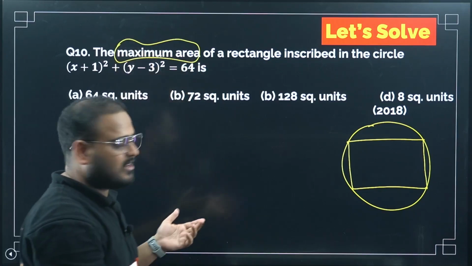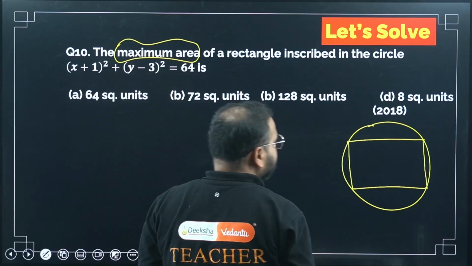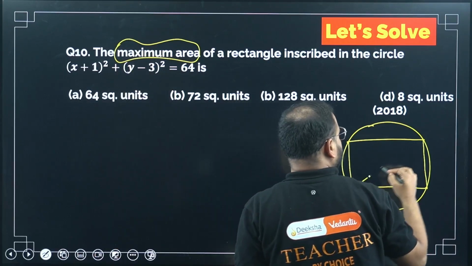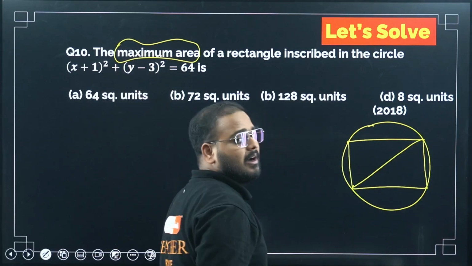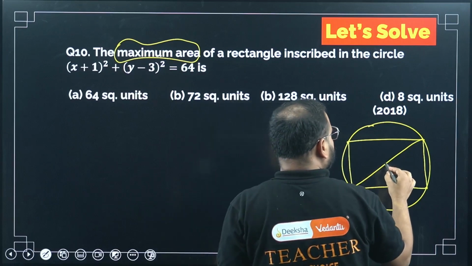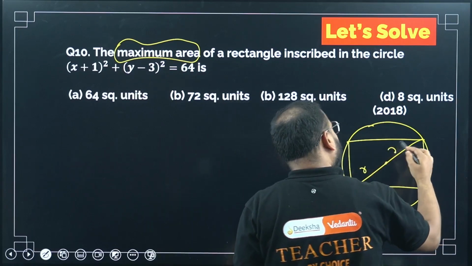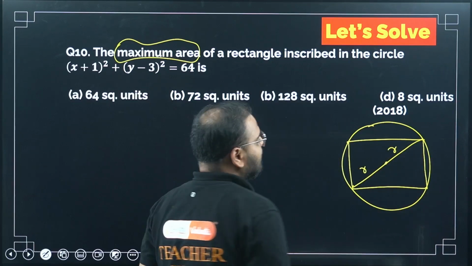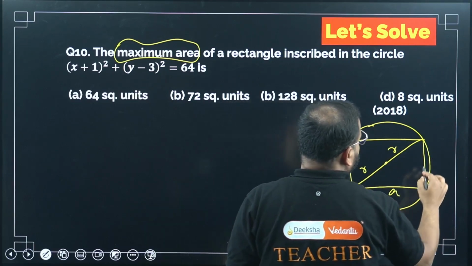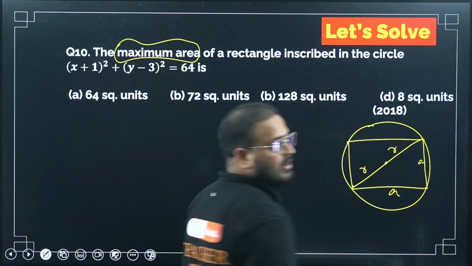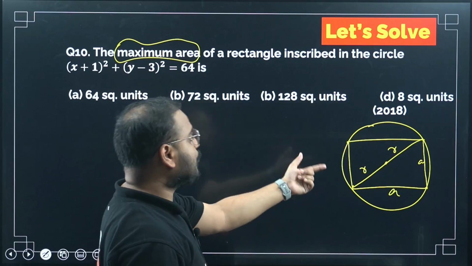It will be largest only when this chord becomes the diameter. When this chord becomes the diameter, then this will be r of the circle, and the sides will be a and a, because this is when it becomes a square.